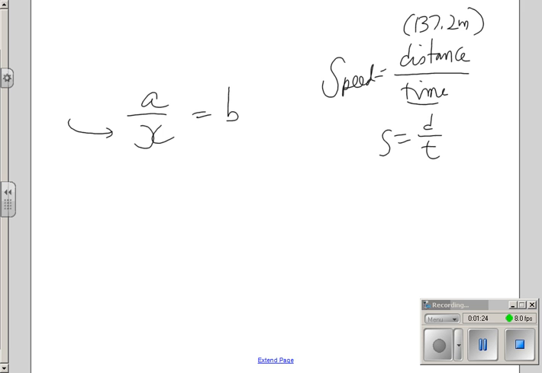Well, we have to say, which one is 13.4? Is that the speed that we're traveling or the time that we're traveling? It's actually the speed at which we're traveling. It's the rate of speed. So we can substitute 13.4 meters per second. The units are insignificant because our time is what we actually look for.